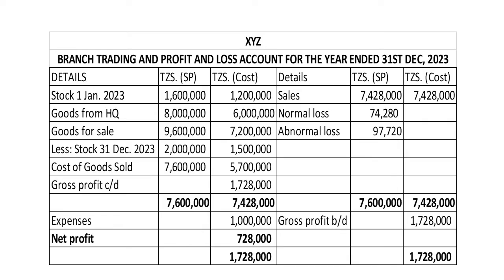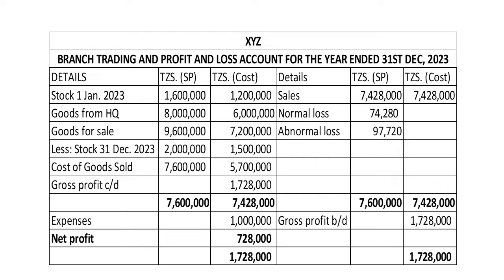Then the cost of goods sold is 7,600,000 at selling price, but at cost it is 5,700,000.